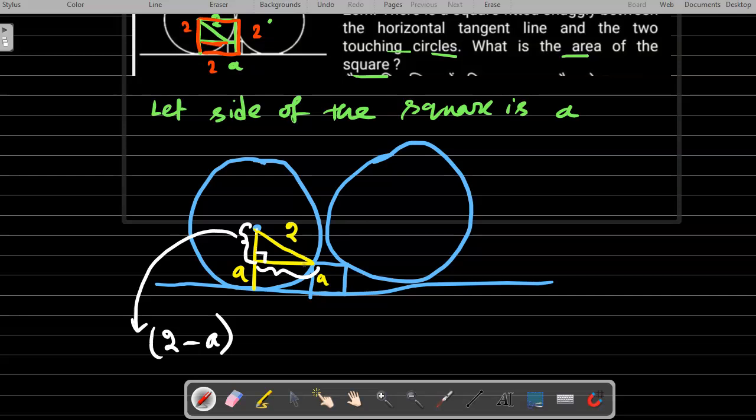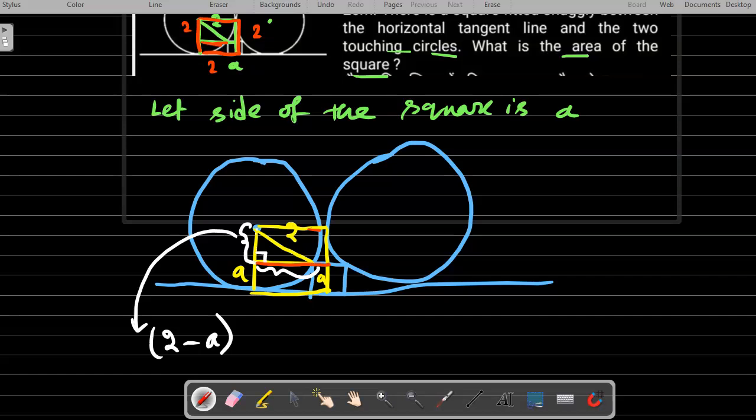So let me draw this square. This is a square, this yellow, a square of side 2 cm. Now this is 2. So this red line is also 2.